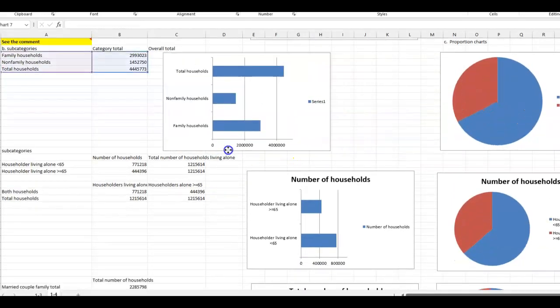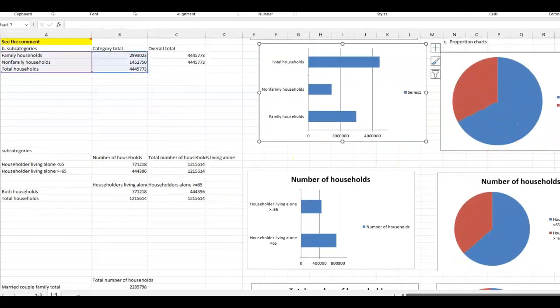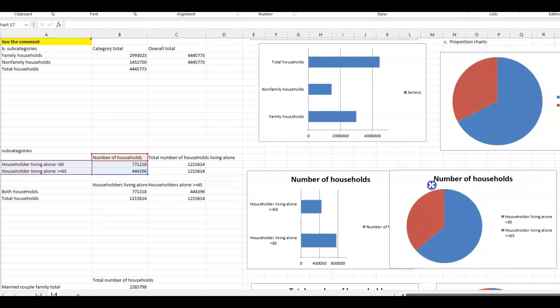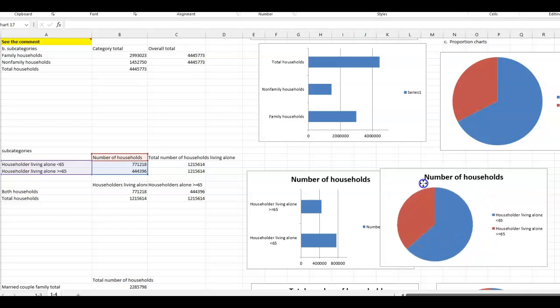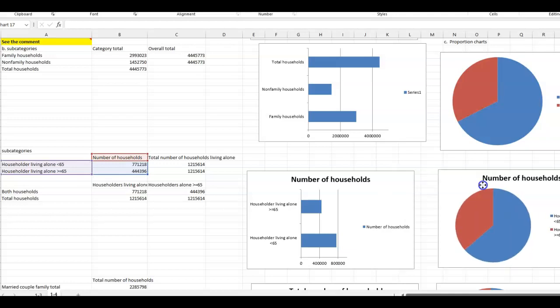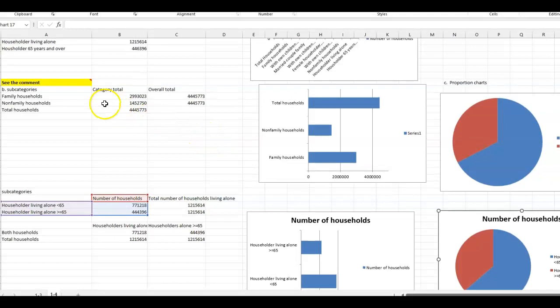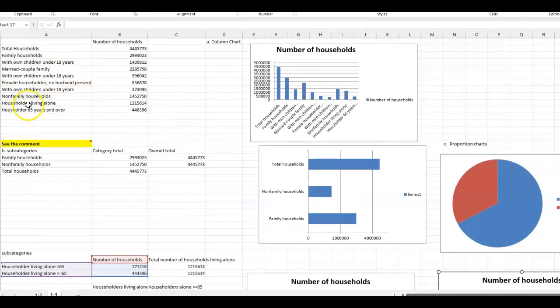So this is what the pie chart will actually look like. So here's the number of households, householders living alone, over 65 and under 65. So where is that? Living alone, 65 or older. So the difference in this is under 65.